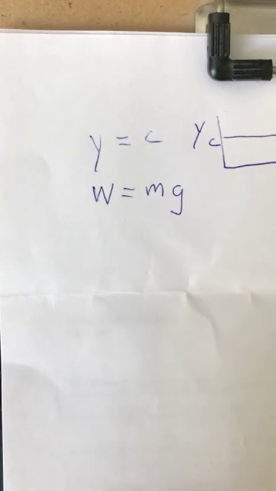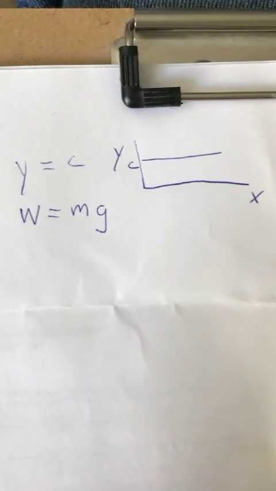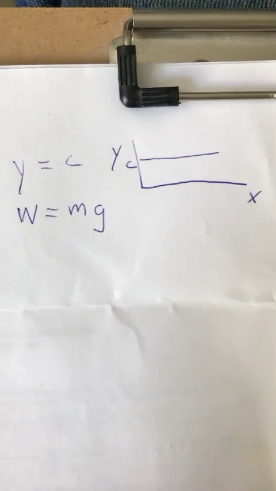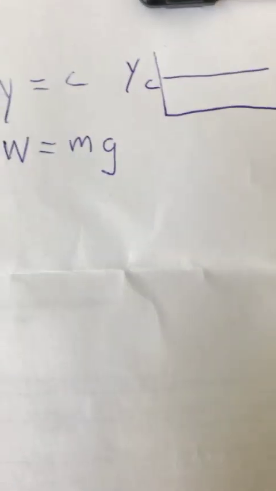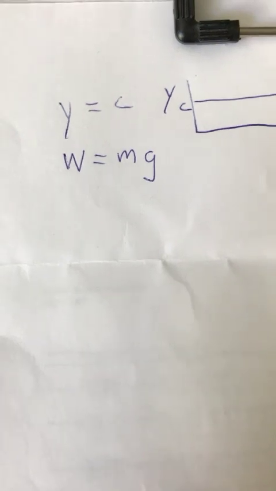But so it's W equals mg. M is constant, G is constant. It's going to look just like this other function that I drew. It's going to be constant. Kind of boring, actually, right?